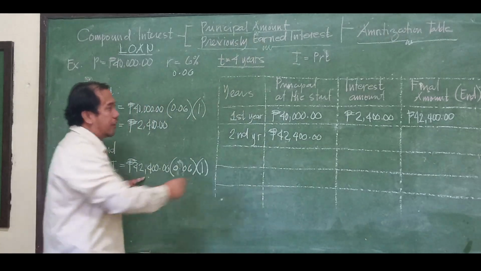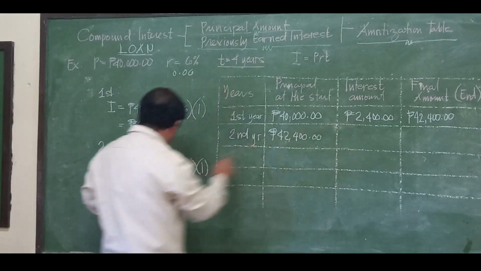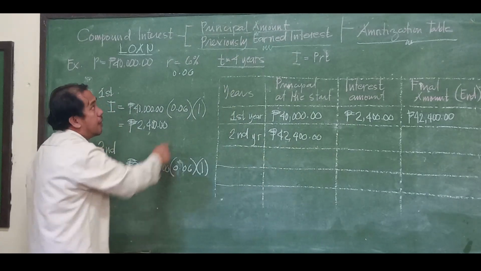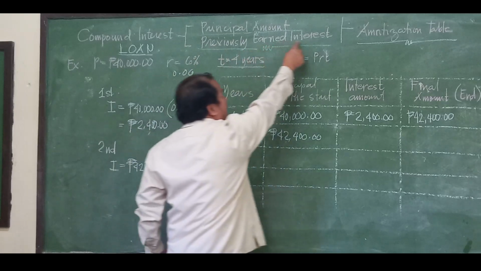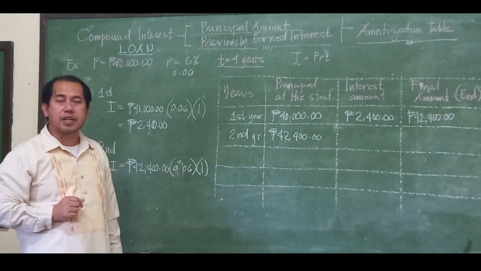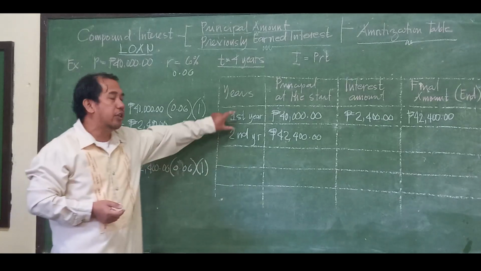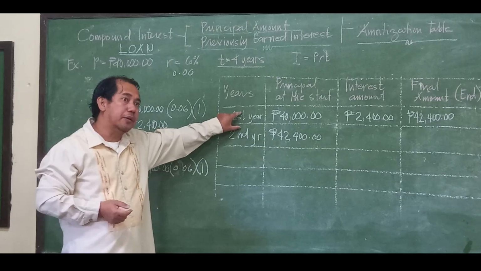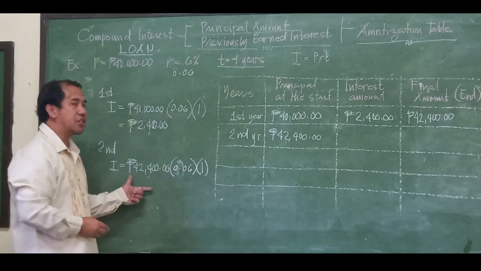And what is that 2,400? It is the previously earned interest. When was that earned? During the first year. You follow? Are you following? Yes. Okay, so that is the meaning.